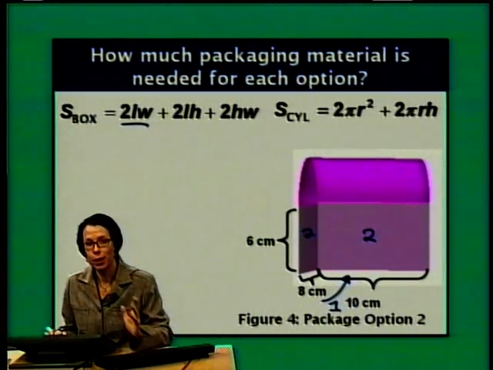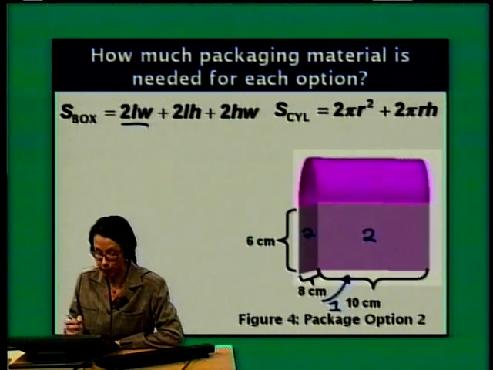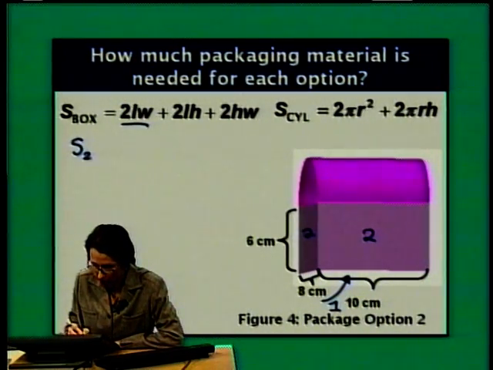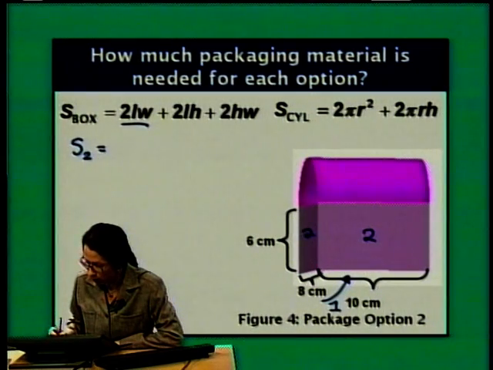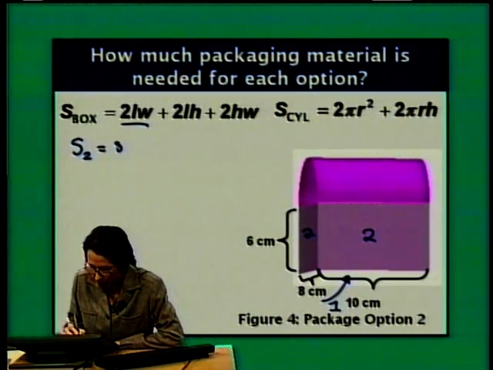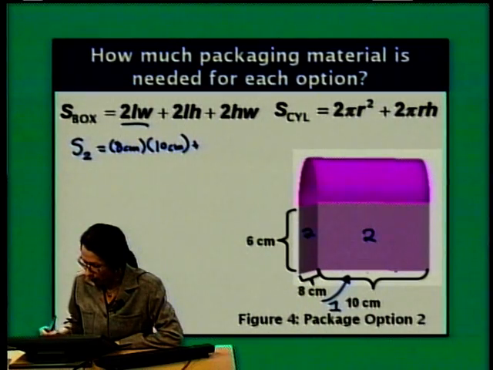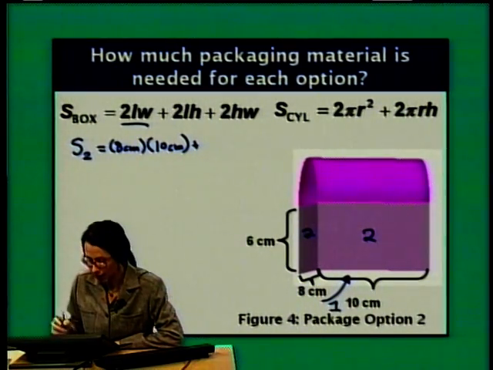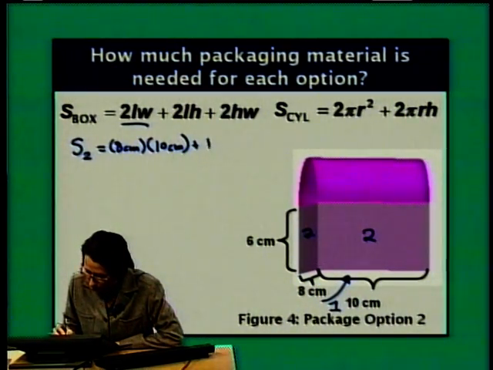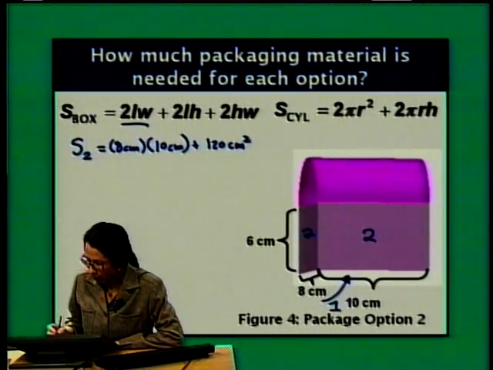So let's fill in what we need to calculate for our surface area of option 2. So I just need 1 length times width, so that's 8 centimeters times 10 centimeters, plus 2 times the length times the height. The length times the height I see is 60, so I'm just going to go ahead and write 120 square centimeters. The height times the width is 48.